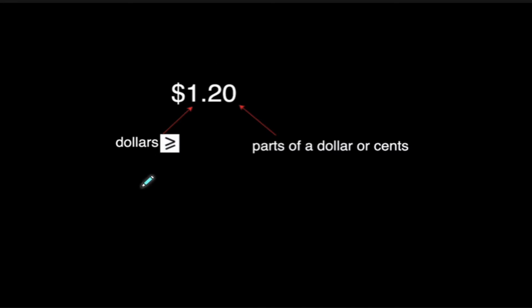So even if you had, let's say, $89.95, well, this is the fractional part of your number, and this is the whole number part. Okay, so we'll go ahead and talk about that when we get to the place value chart. So let's go ahead and do that right now, actually.